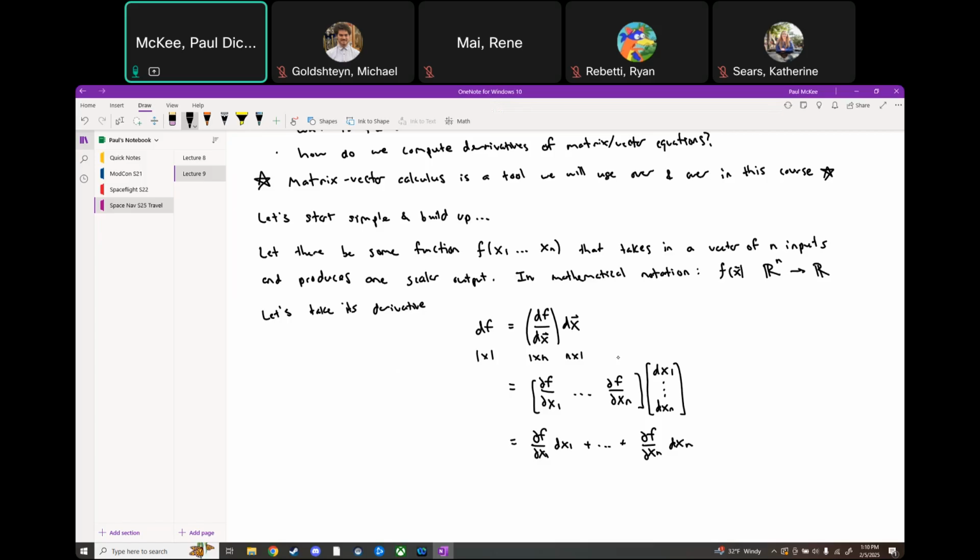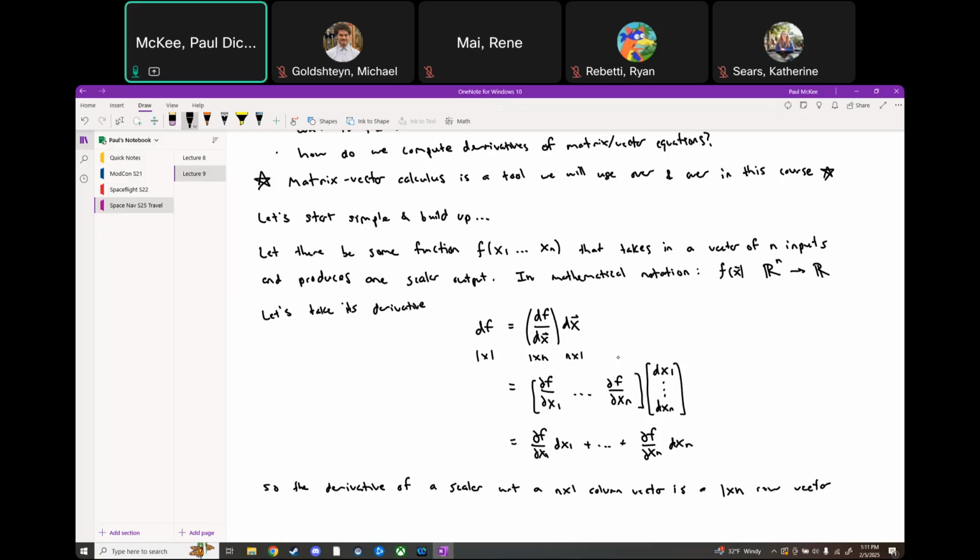Okay, the key takeaway here is the derivative of a scalar with respect to an n by 1 column vector is a 1 by n row vector.